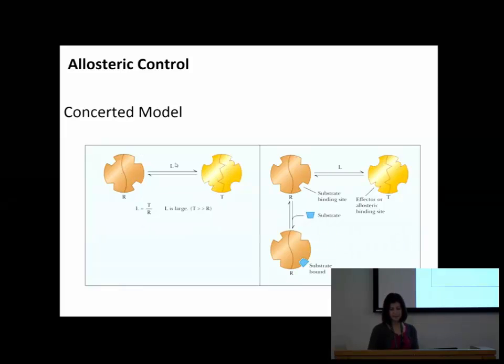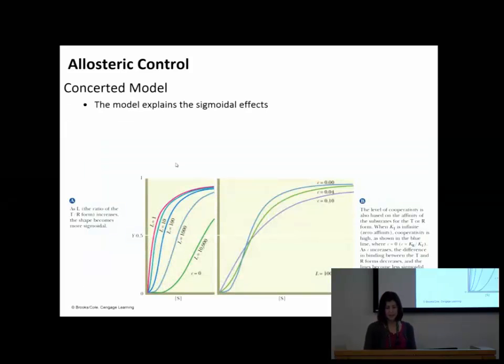It does explain the sigmoidal effect. So let's take a look. Again, I have another very busy slide. Here is substrate concentration, and here is rate, and we have Vmax up here. Let's just take a look at the left-hand side.